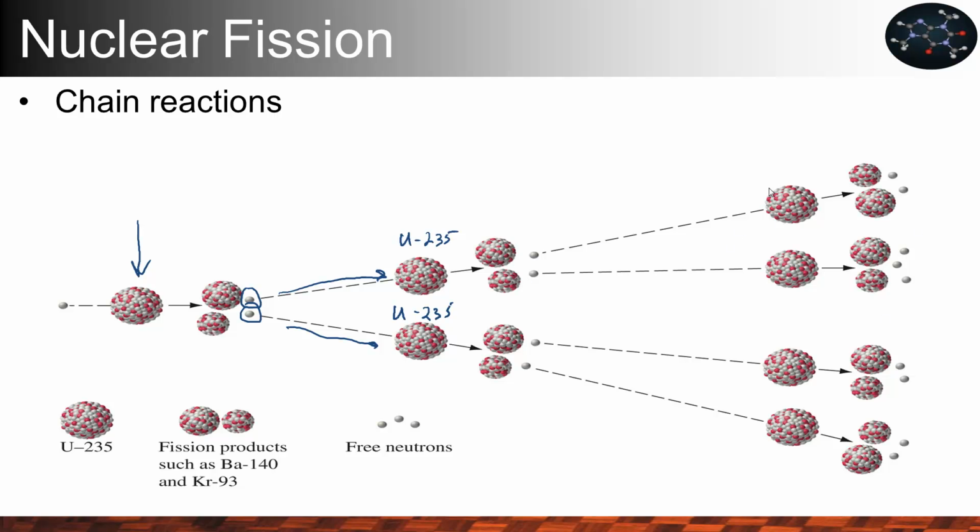And as long as you have enough of these to bump into, we can create more and more of this reaction process until eventually the amount of energy that's also coming out of this process is a very large and overwhelming amount of energy.